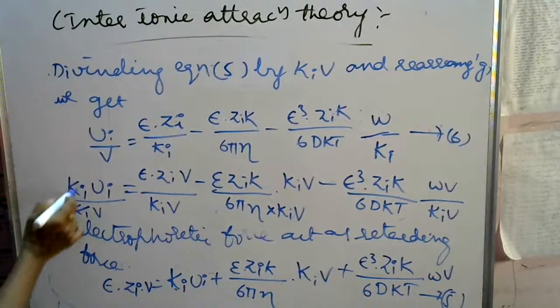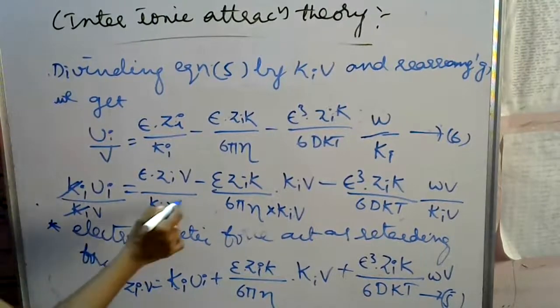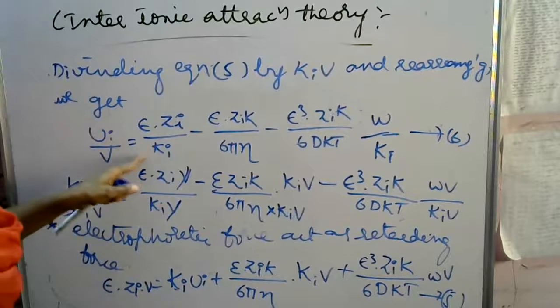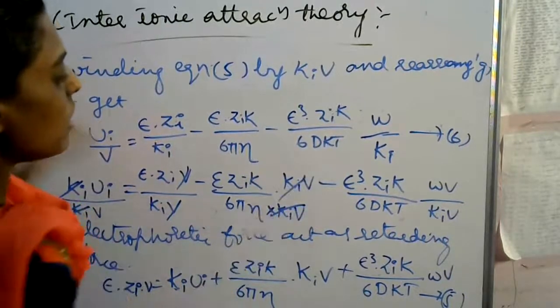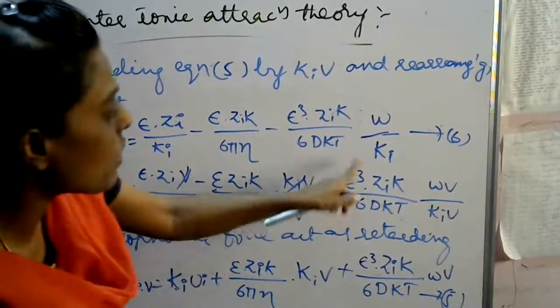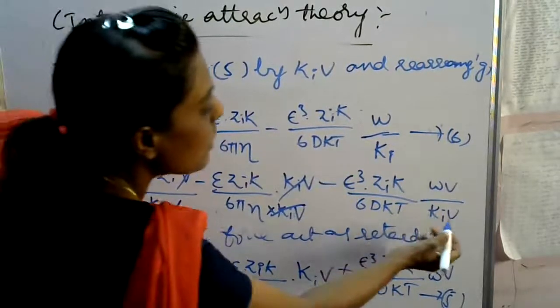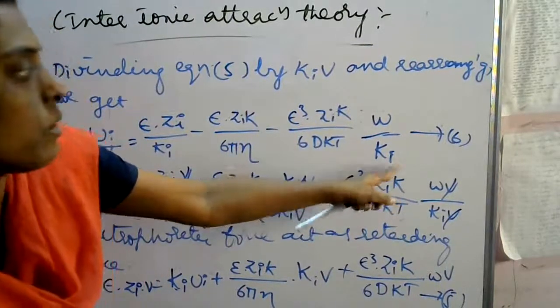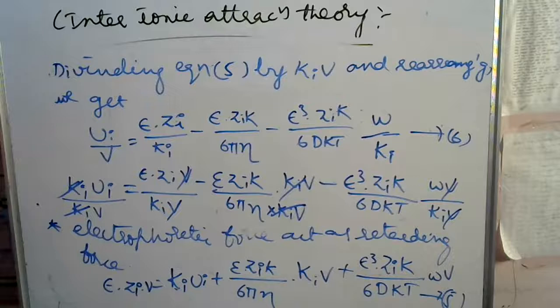Here k_i gets cancelled, V gets cancelled, thereby we get this one. Next k_i gets cancelled, and V gets cancelled. I hope you understand.